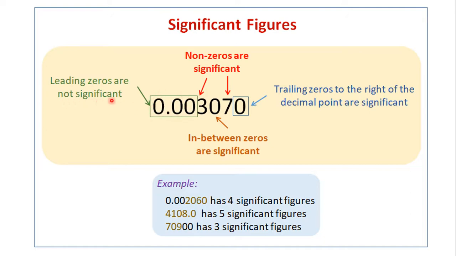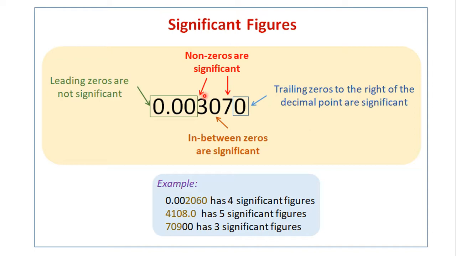Any non-zero number, like 2, 3, 4, 5, 6, 7, 8, 9, is significant. So for example, 3 and 7 are significant because they are not zero.